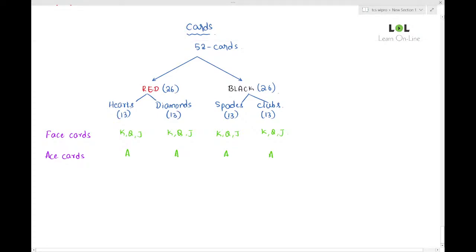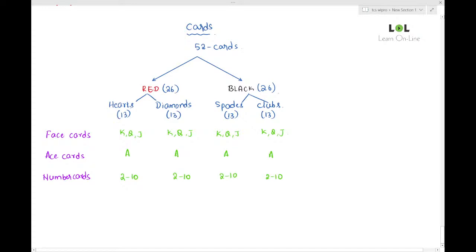Likewise, next we will be having number cards. So number cards, which are those? 2 to 10. 9 cards will be there, 2 to 10. Now observe carefully. Every card is exactly 4 in number.